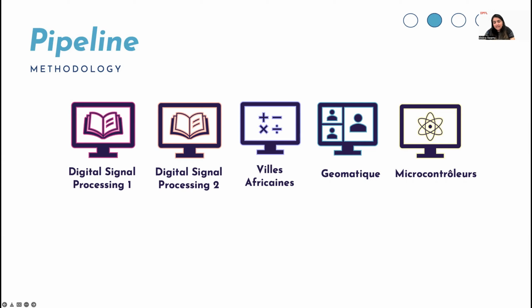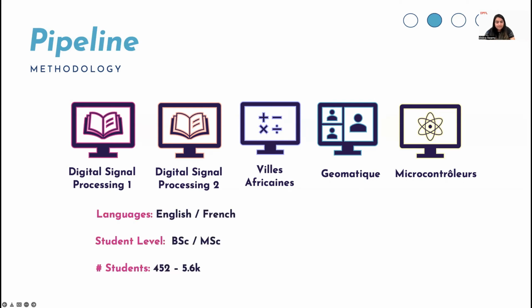Ville Africain is a humanities course on the design of African cities. Geomatique is a math course. And microcontrollers is a core engineering course used in a lot of the different engineering disciplines and certificate programs. The languages vary between English and French, with student levels in bachelor's and master's, as well as a wide variety in numbers of students from 500 to the 5,000 range.